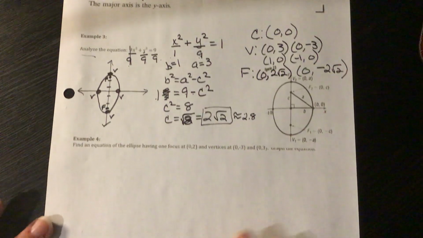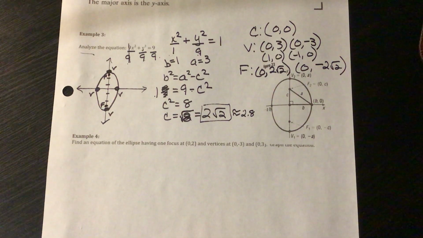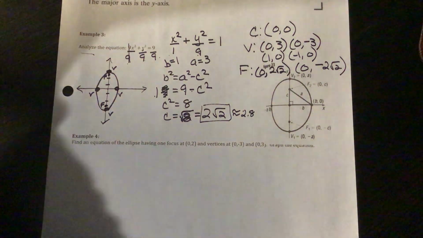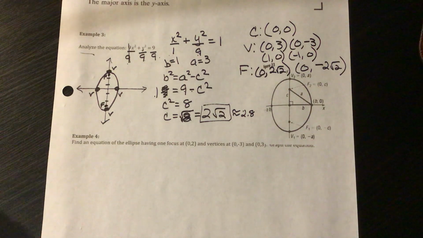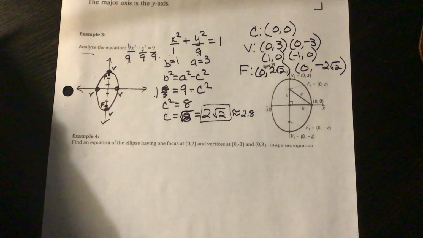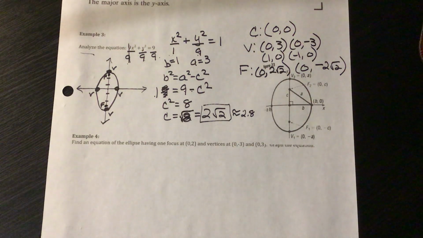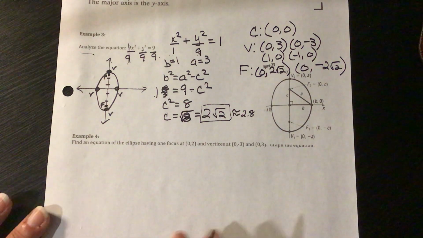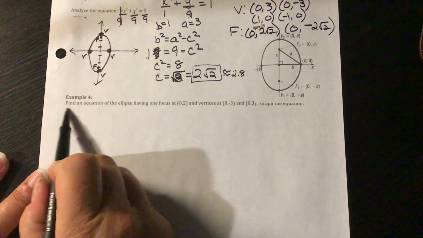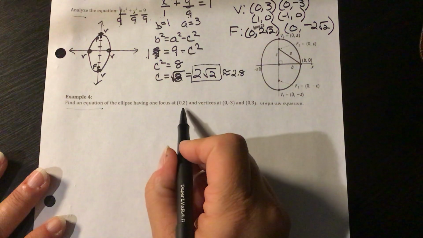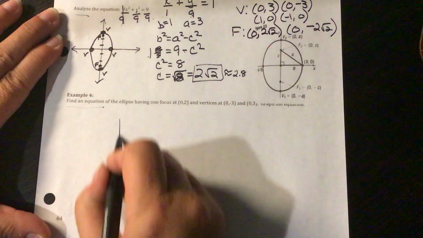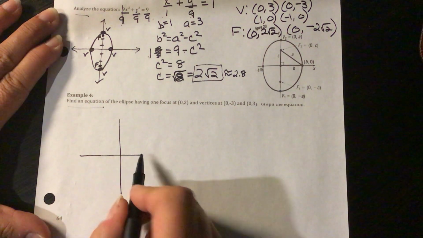All right, so this last example, number 4, sorry, I'm looking for my notes. So this last example in number 4 says to find an equation of the ellipse having the focus at 0, 2. So let's graph that and see what that looks like.